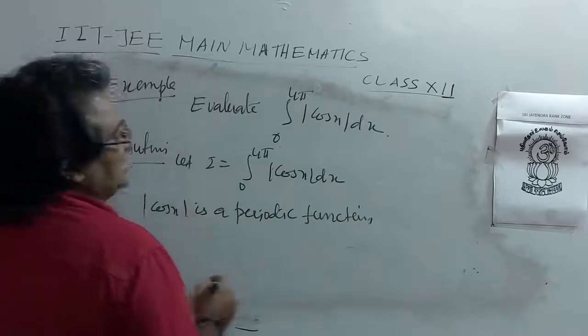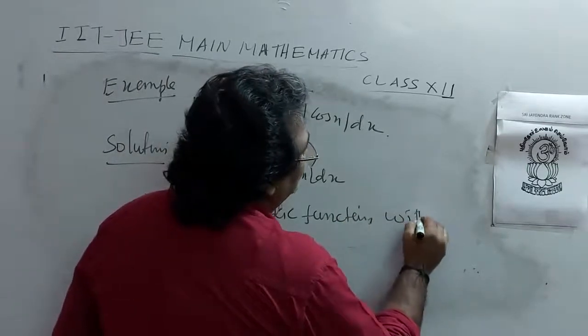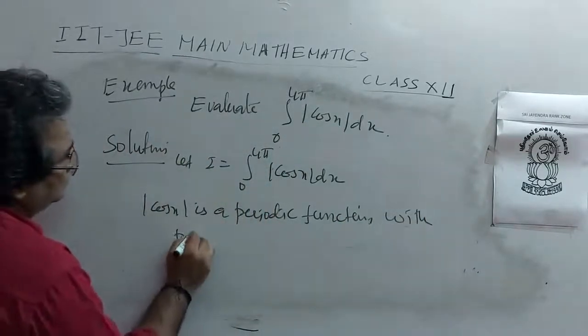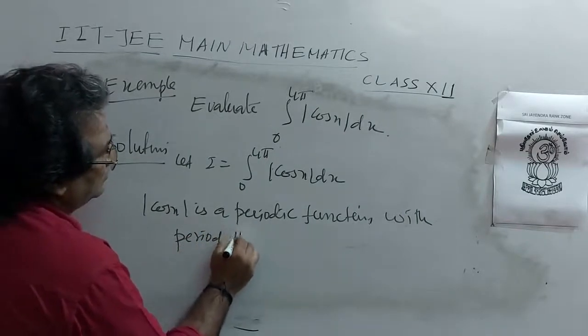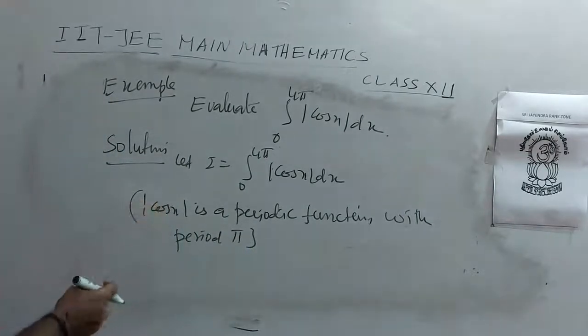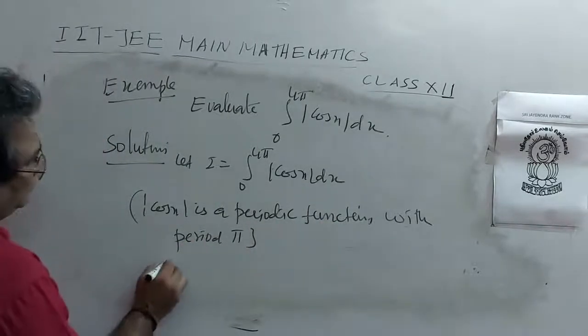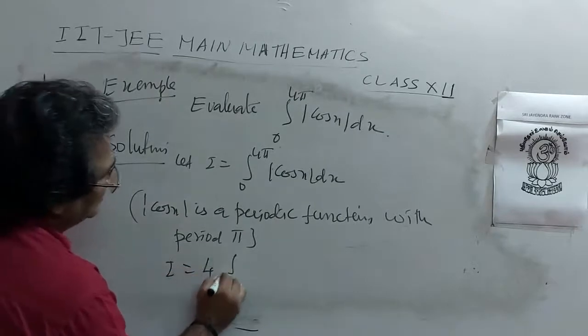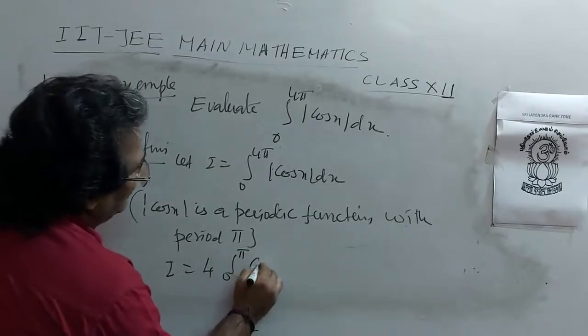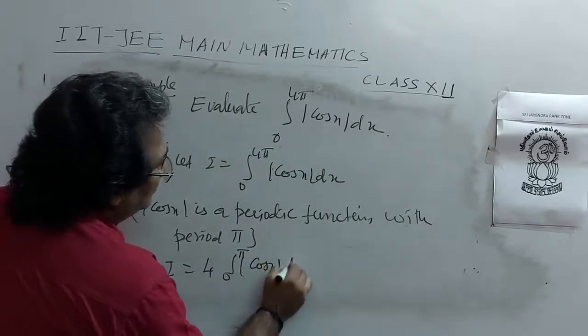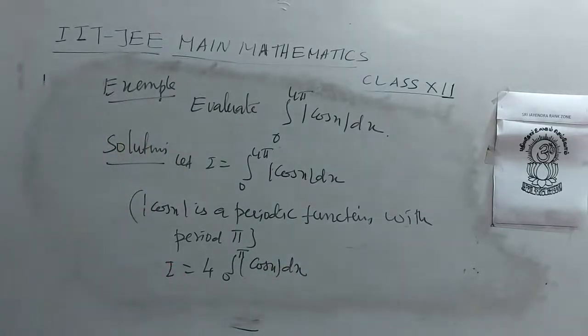Cos x is a periodic function with period 2 pi, but modulus cos x is a periodic function with period pi. Therefore I equals 4 times integral 0 to pi modulus cos x dx.